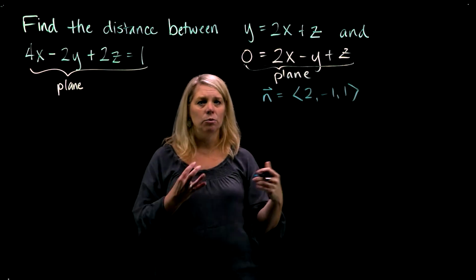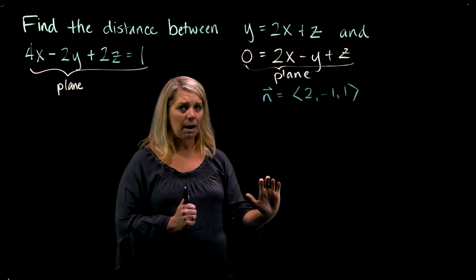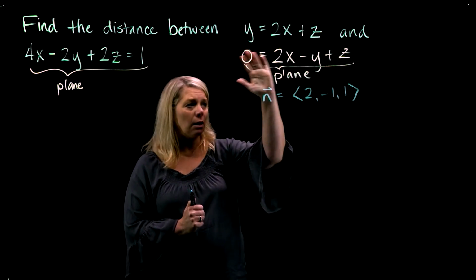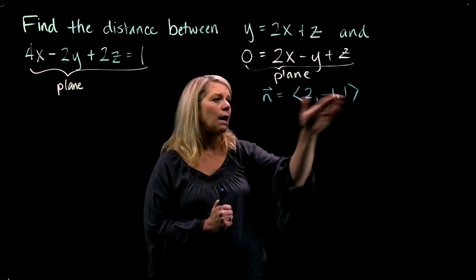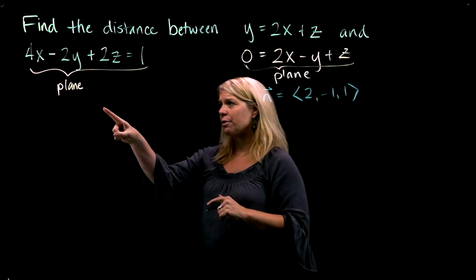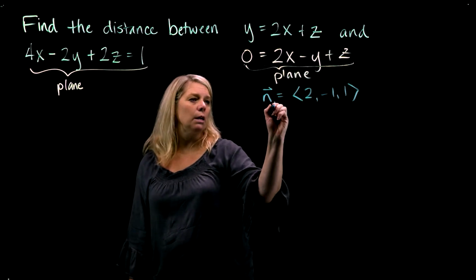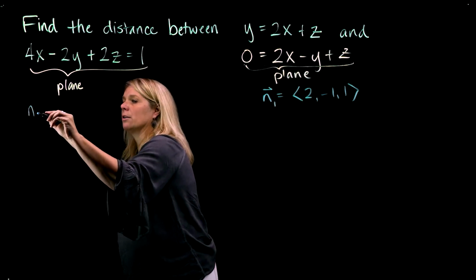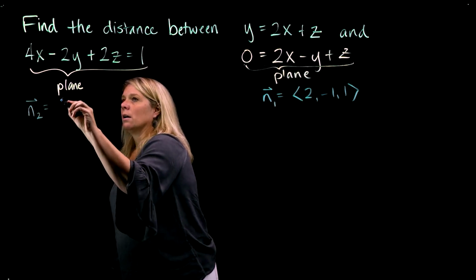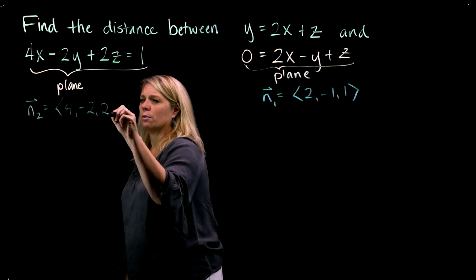So we're using that same trick of pulling out those coefficients and thinking about how we derive the equation of a plane and then going backwards from that, that would give us the components of a vector perpendicular to that plane. If I do the same thing for this other plane over here, let me call this one n1 and this one n2. I get 4, negative 2, 2.